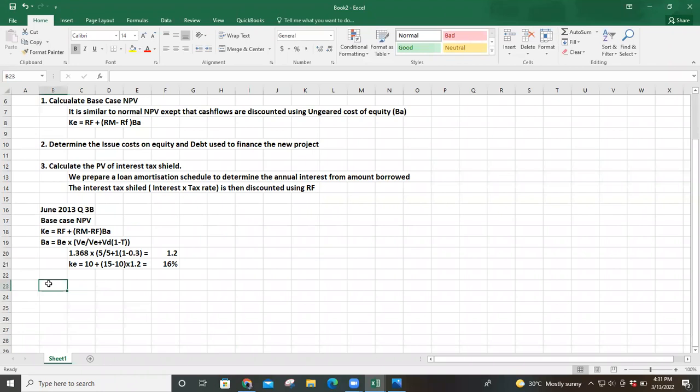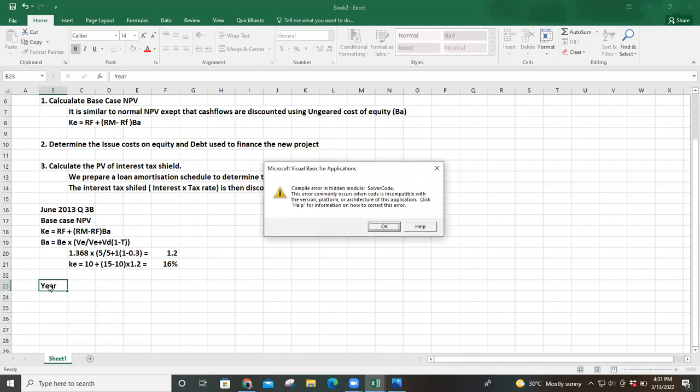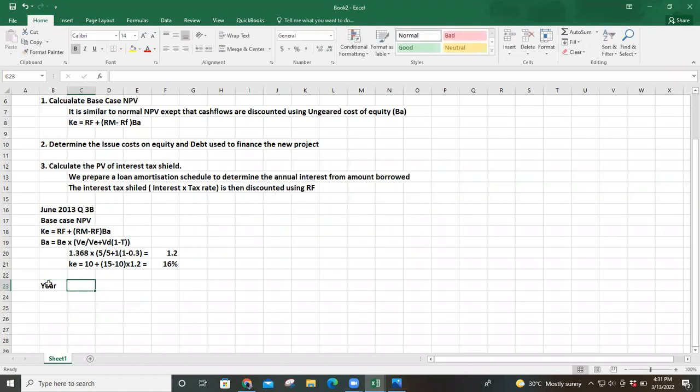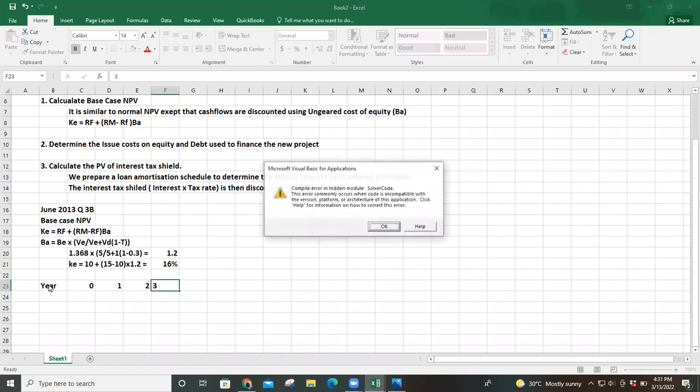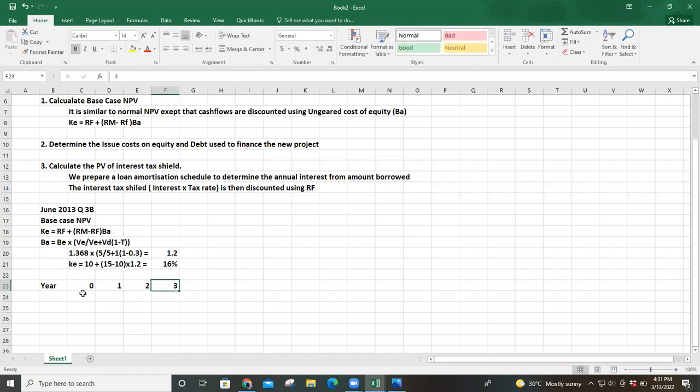So we have our years: year 0, year 1, year 2, and year 3. The figures are in millions of shillings.